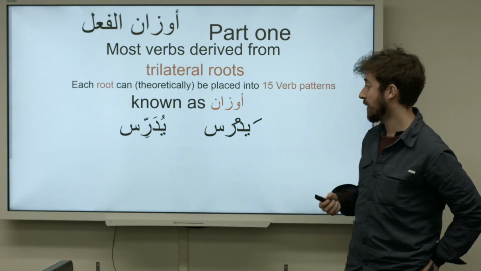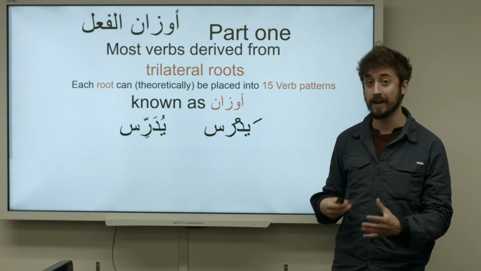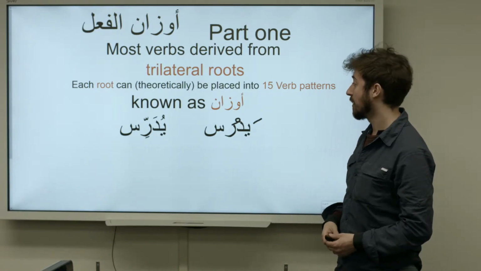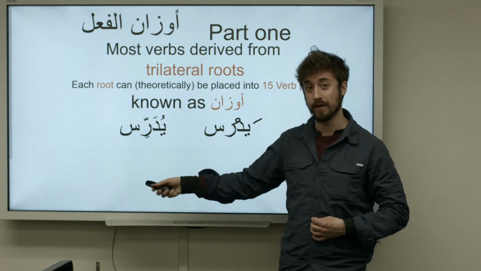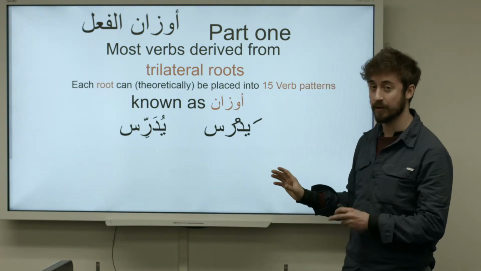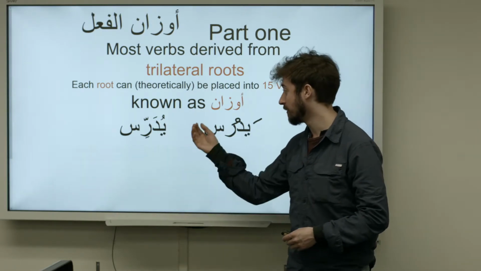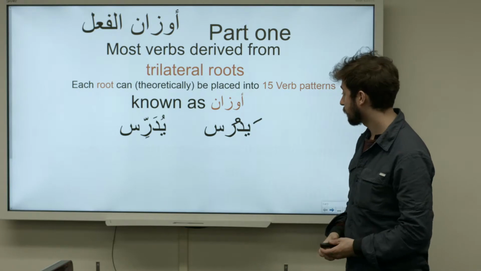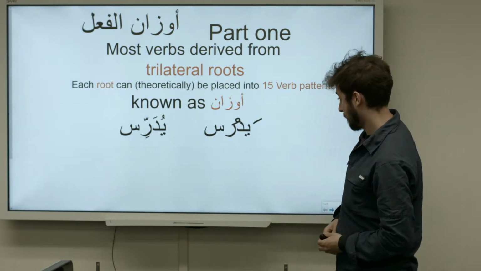The difference is that they follow a different rhythm or cadence, because these words are in two different patterns. You don't have to worry about this too much right now, but this is pattern 1, and this is pattern 2. This will become clear as we move on.